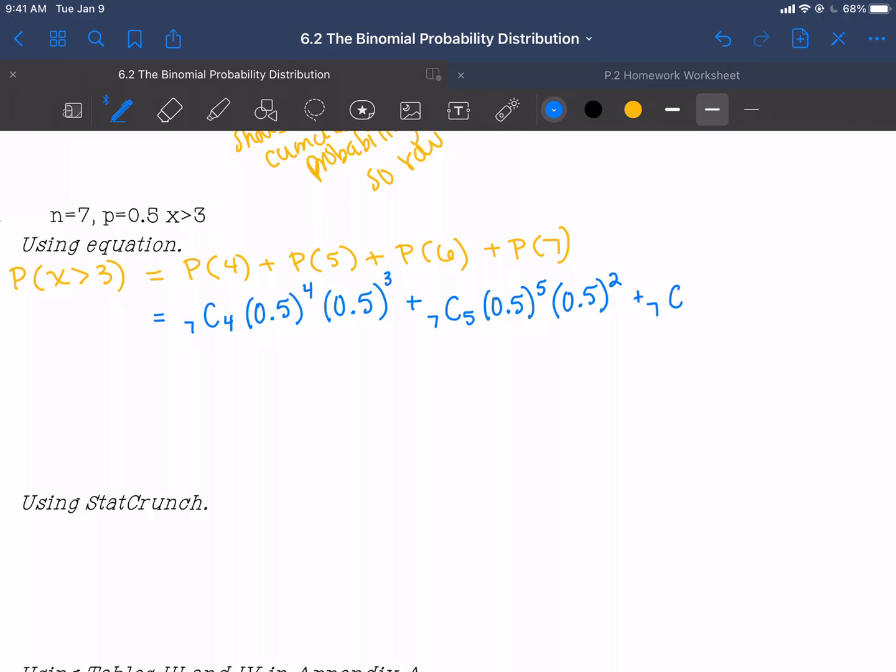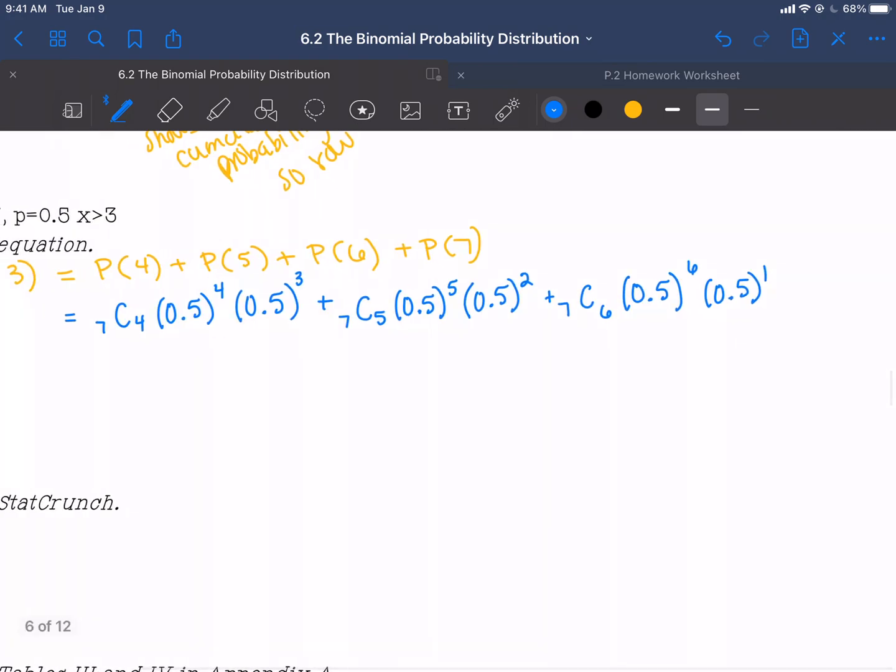Plus, now we're on to 7 choose 6, the probability that it's equal to 6. So 0.5 to the 6th power times 0.5 to the 1st power, plus 7 choose 7 times 0.5 to the 7th power times 0.5 to the 0 power.